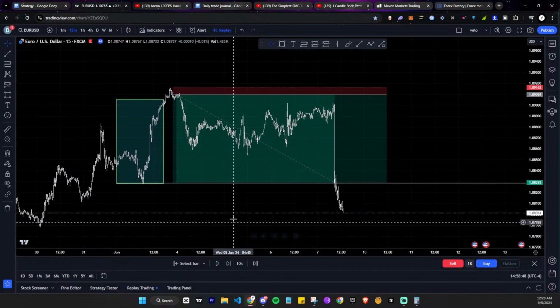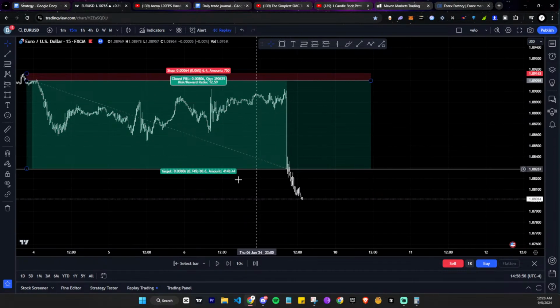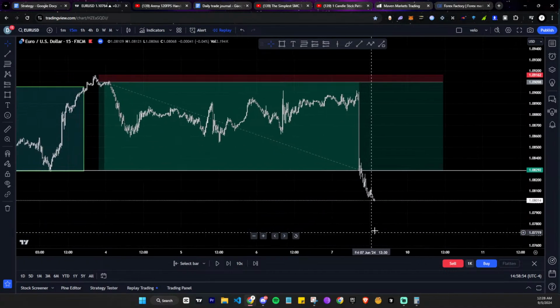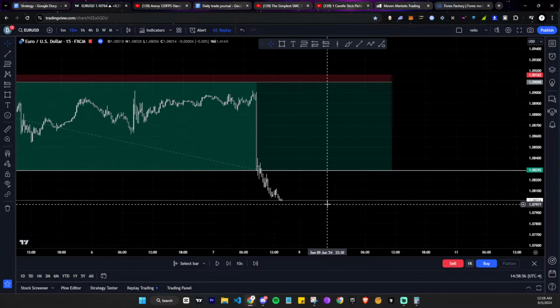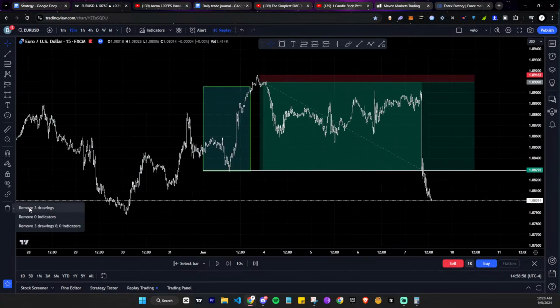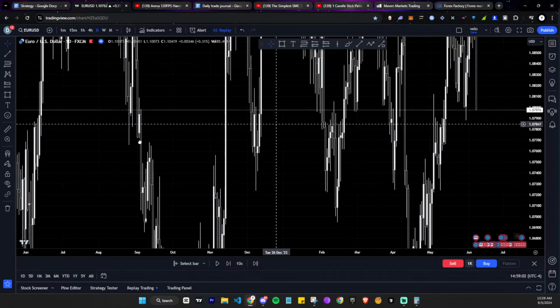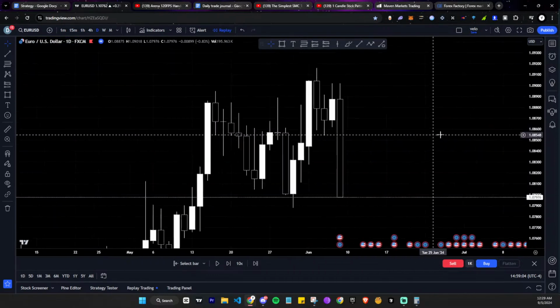Boom. Look at that. Price kept consolidating for a while, and then boom, one candle, all the way down there. So let's expect to see the same sort of thing happen on yesterday's candle.